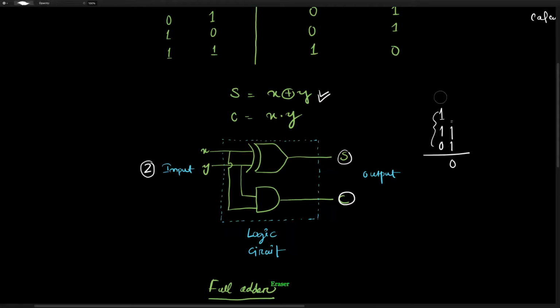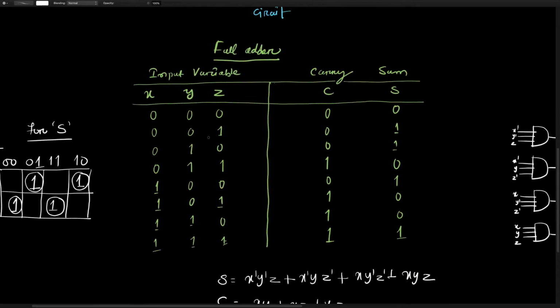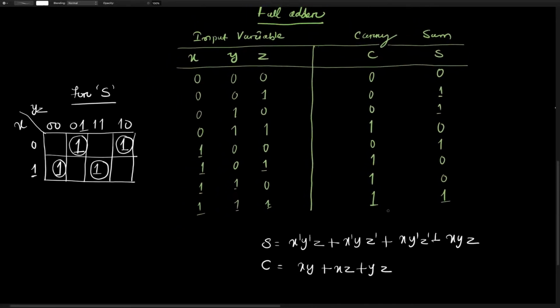A full adder differs only in its inputs. It has 3 inputs: x and y are the normal inputs, and Z is the carry from the previous bit calculation. We have listed the summation and the carry for each combination.